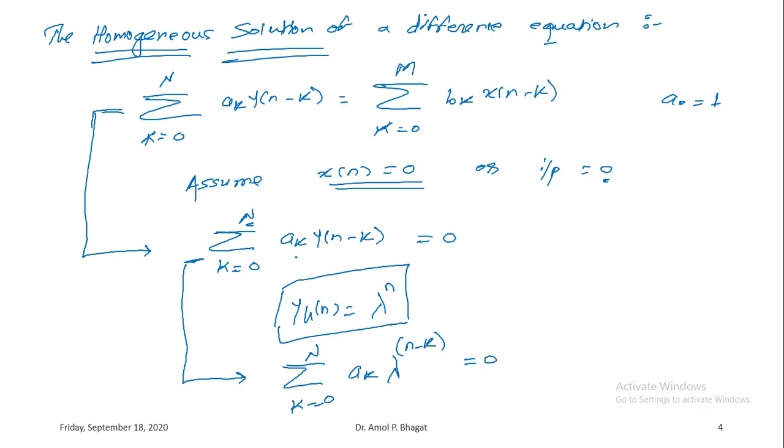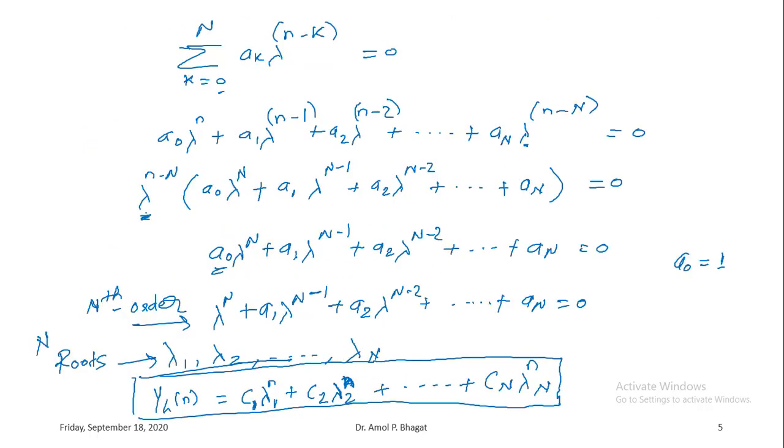After substituting, you will get an nth order polynomial depending on the order of the difference equation, right? If it is a second order difference equation, you will get a second order polynomial. Depending on the order of the polynomial, you will get that number of roots. In case of an nth order polynomial you will get n roots, and in a second order polynomial you will get 2 roots.